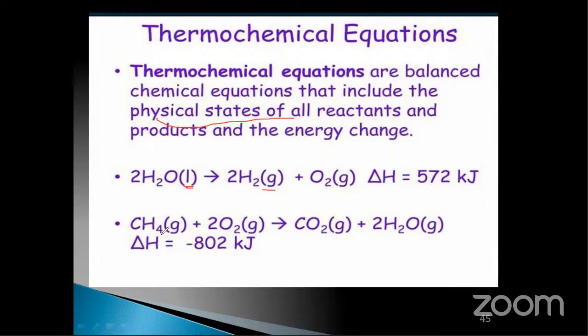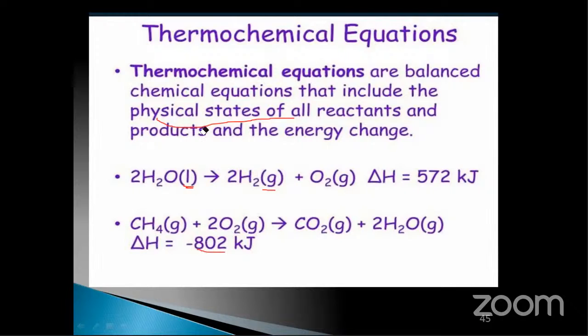This for the second example, CH4 plus 2O2 giving CO2 gas plus water, means this is the combustion reaction of methane. In this, methane exists in gaseous state, and oxygen also in gaseous state, carbon dioxide gaseous state, water is also in gaseous state, and delta H for this reaction is minus 802.00, means this much, 802 kilojoules of heat is evolved in this reaction.